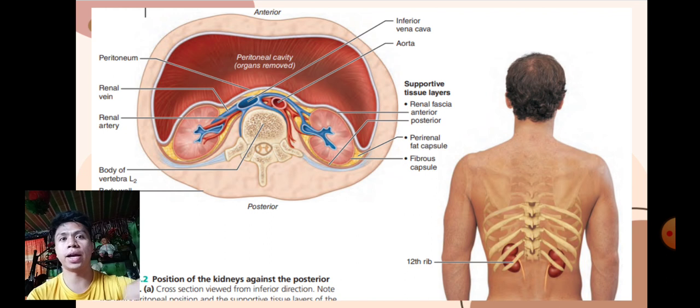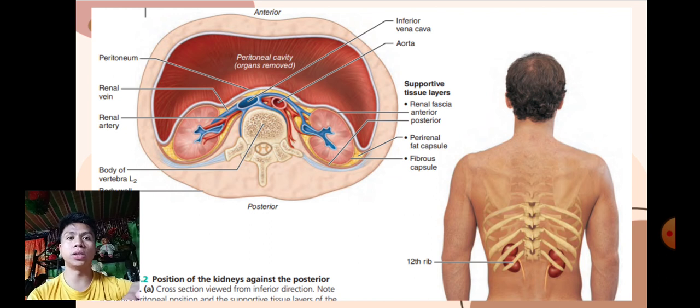We have here the peritoneum and the renal vein, the color blue, the aorta, the largest artery, then the inferior vena cava, the largest vein, and the renal artery. Those blood vessels that are situated in the kidney are called renal vessels.